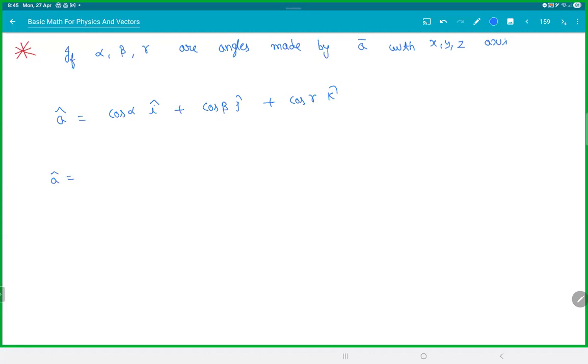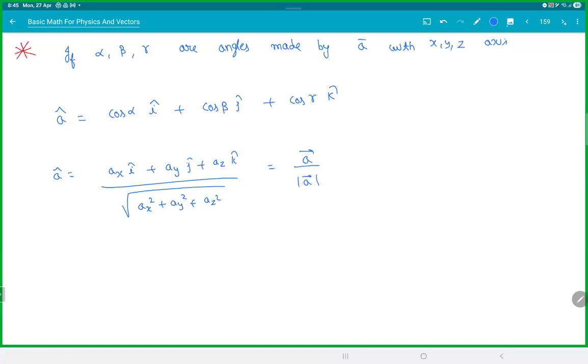See, if you just expand this, cos alpha is what again? ax i cap, ay j cap, az k cap. All of them have the same denominator, which is root over ax square plus ay square plus az square. This is nothing but a bar by mod a bar. Making sense? So if someone gives you the angles, you can find the unit vector.